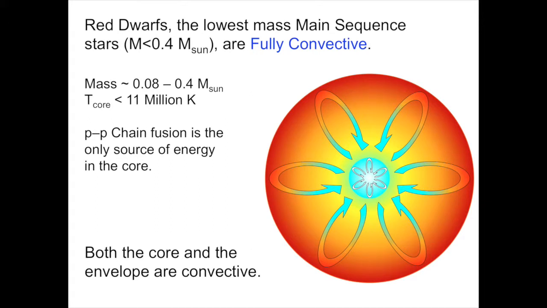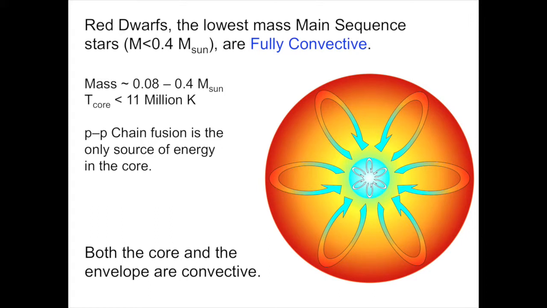Both the core and the envelope will turn out to be convective. These are somewhat cooler stars. Cooler gas has a different opacity to photons, to light, and as a consequence, photons cannot as easily stream out and random walk their way out to the surface as they can in a Sun-like star.